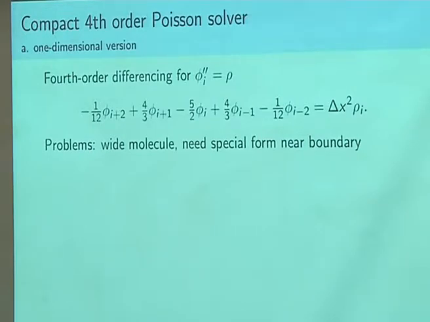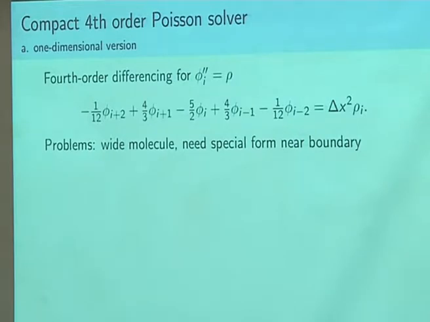That's del squared phi equals rho in 1 dimension. So we have an expression for the second derivative of phi, which is fourth order accurate, and it's at minus a 12th, 4/3, minus 5 halves, plus 4/3, minus a 12th. And you can use that to solve the Poisson problem to accuracy delta x to the 4th.